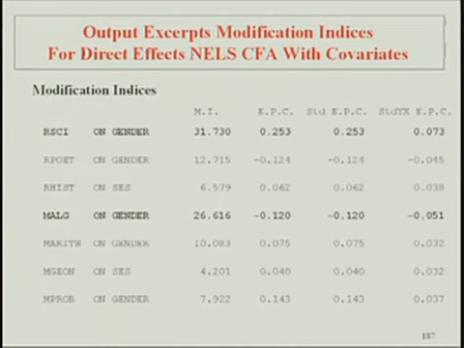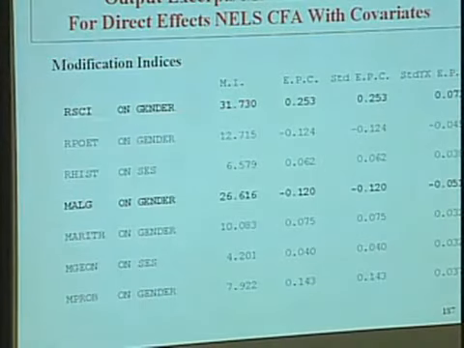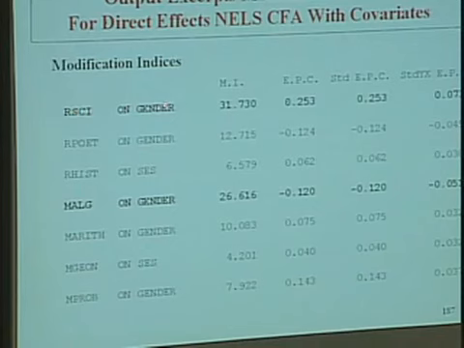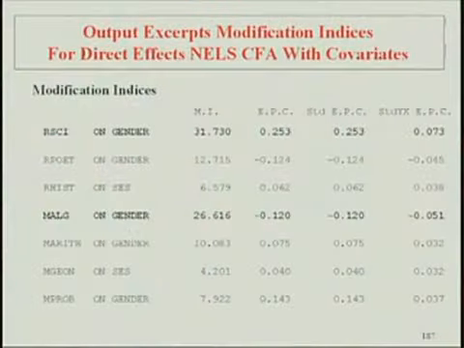And the next slide shows a subset of the modification indices that came out. We mentioned before, but I'll mention it again, that the first column shows the drop in chi-square that would be associated with freeing the parameter. So if we freed our reading science on gender, our chi-square would drop 31.73, which would improve the fit of the model, because that's larger than the 1 degree cutoff of 3.84.